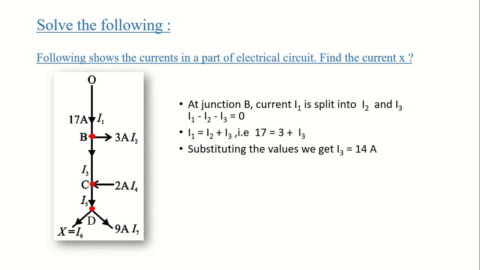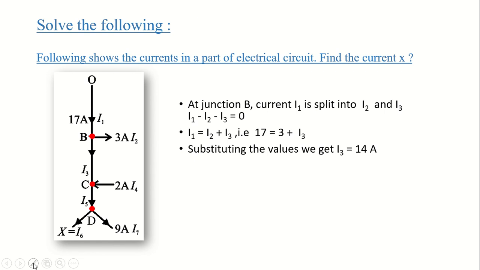So you will get 17 is equal to 3 plus I3. Substituting the values, we get I3 is equal to 17 minus 3, that is equal to 14 amperes.